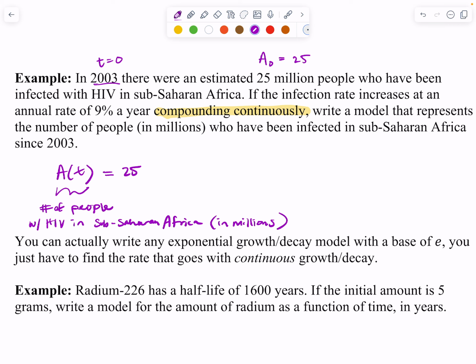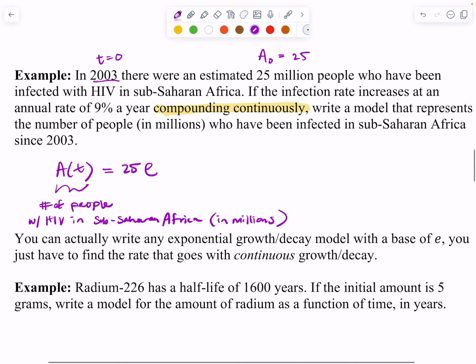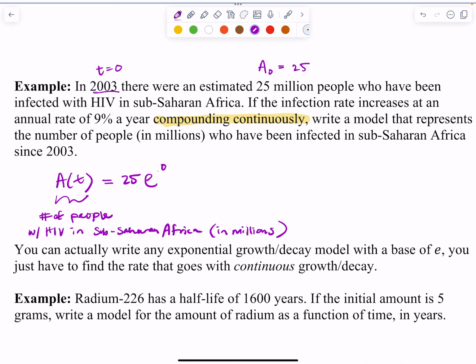If you wanted to make A naught and write out 25 million, you can. I'm just going to have the output, A of t, represent the number of people with HIV in millions. Then we can use base e to represent that continuous growth. r is 0.09 based on there being continuous growth, and then times t, where t will be the number of years since 2003. So that's one where we have to come up with the model with base e.